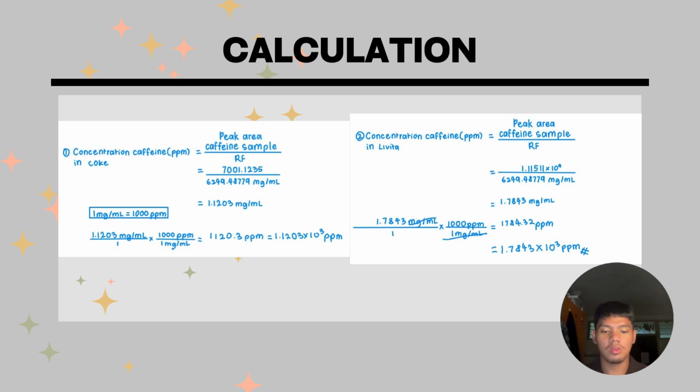So we substitute 1.11511 times 10 to the power of 4 by the RF value. So we got 1.7843 milligram per ml. If we change it to ppm, we get 1.7843 times 10 to the power of 3 ppm.